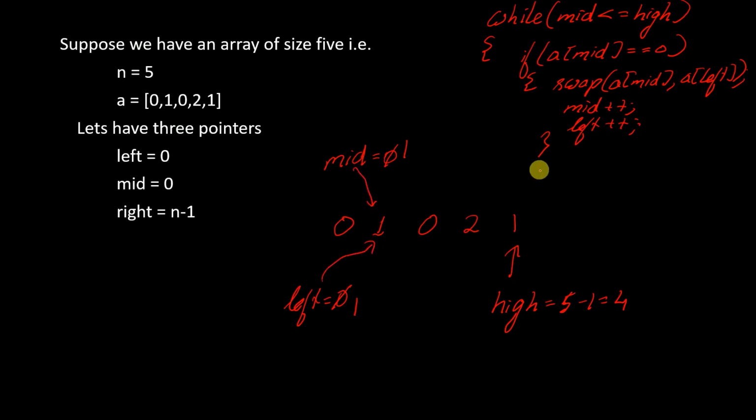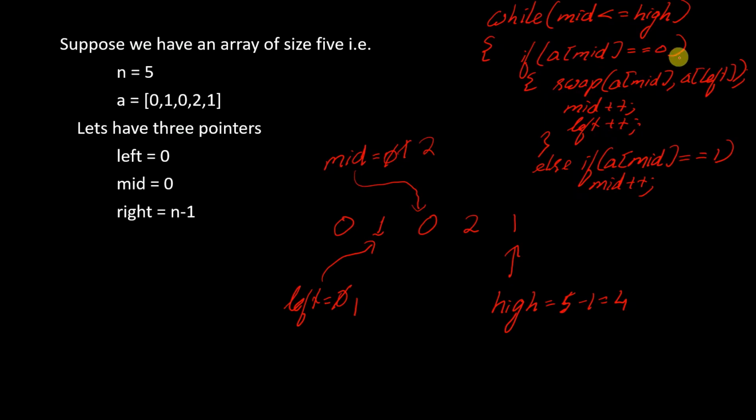Now the second condition is array of mid equal to 1. In this case we don't have to do anything, we just update the mid pointer. So now the value of mid becomes 2 and it points toward this element. Now array of mid is equal to 0, that is the first condition.